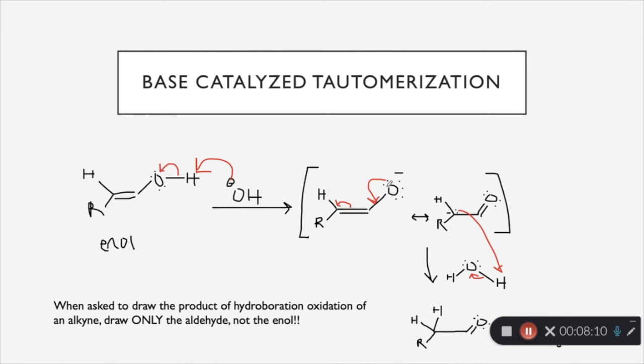We can see that we have one of the resonance patterns. We have a negative charge that is allylic to the double bond, and then that oxygen pushes its electrons down, and then that double bond puts its electrons on this carbon here, forming a carbanion. That carbanion then grabs this hydrogen right here, and the hydrogen donates its electrons back to the oxygen.